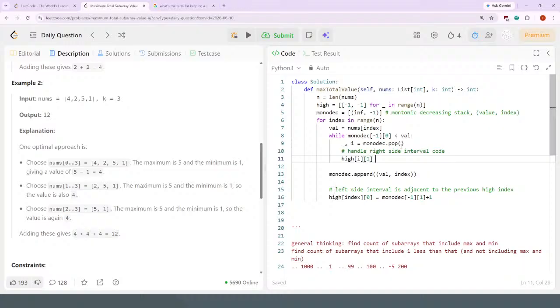The right side of it is going to equal the current index minus 1, because it doesn't include this current index.